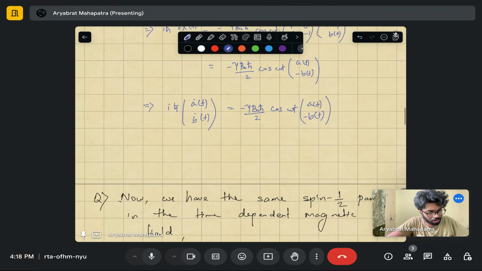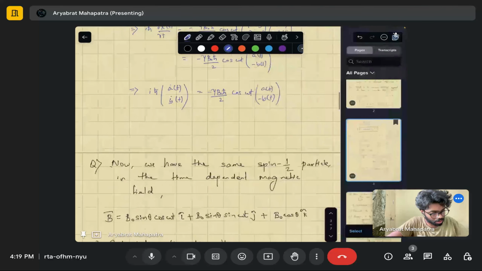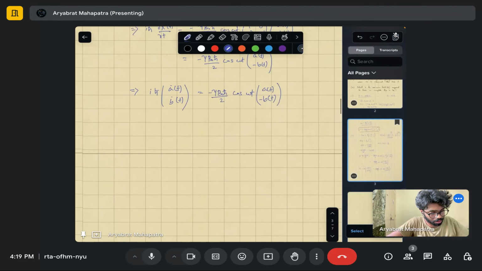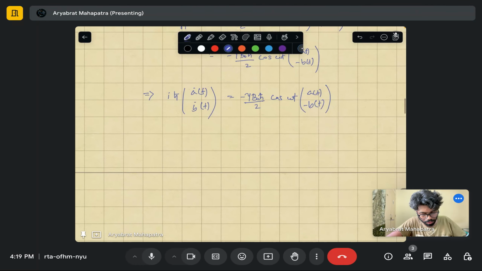Then we can write further. You have to equate LHS and RHS. That will give you two differential equations, one in a, the other in b. So let me write for a.